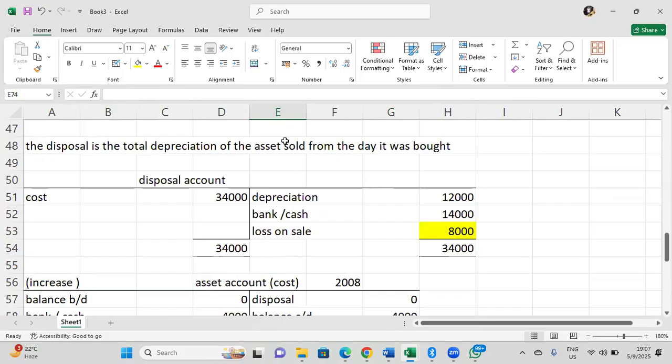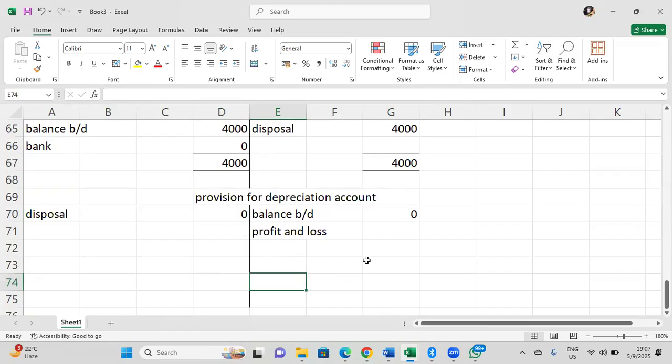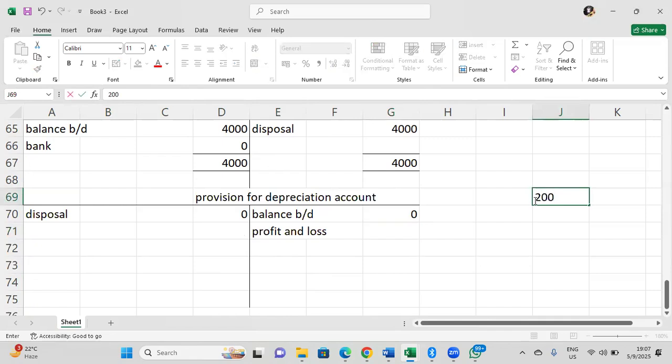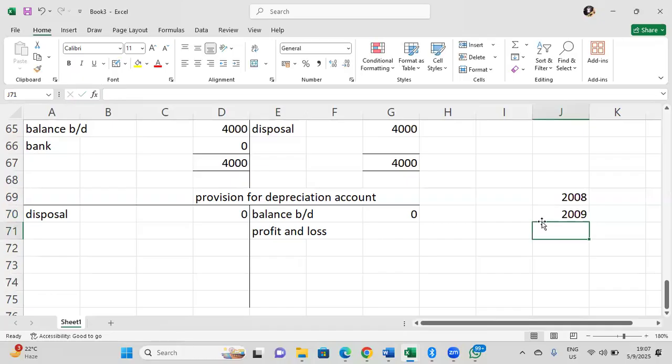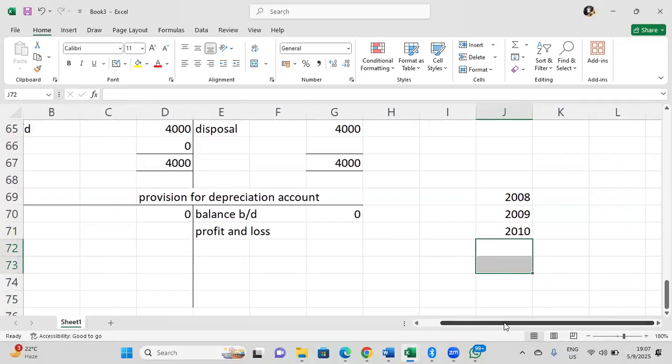Then the other issue we have not mentioned is the profit and loss. Profit and loss is the depreciation for that year. So we bought the asset in 2008, kept it in 2008, kept it in 2009, and kept it in 2010, when it was sold. So there is depreciation for the 3 years.